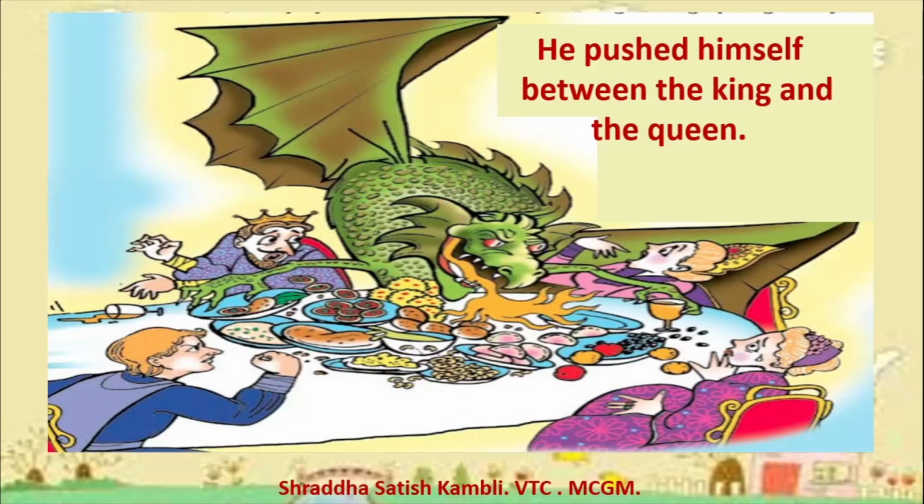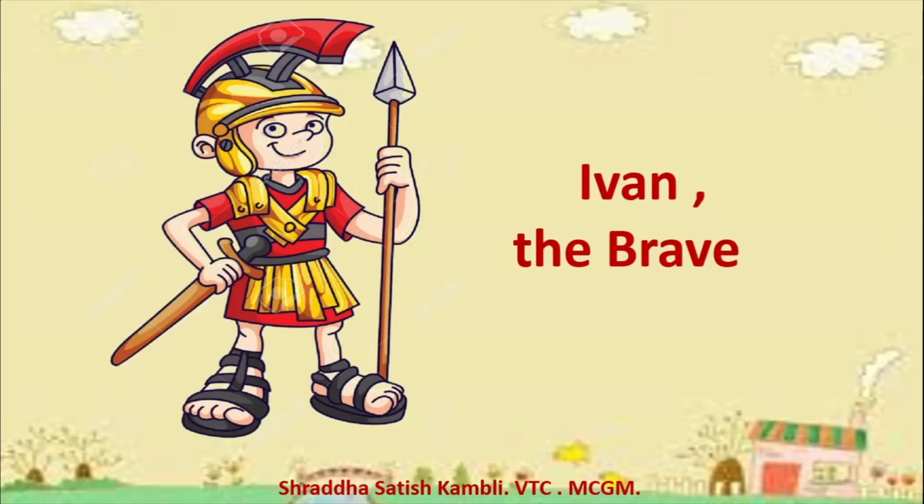No one wanted to open their mouth, but there was one person who was not scared, and that was Ivan the Brave. So he was a warrior. I told you, the king had invited many brave warriors. One of the brave warriors was named Ivan, and Ivan was not at all scared of the dragon.